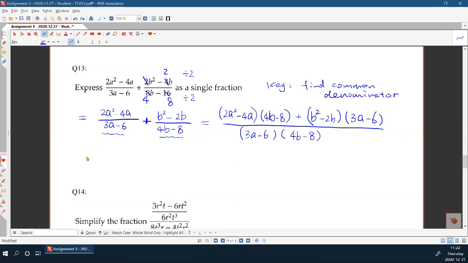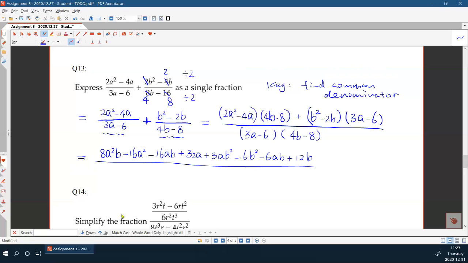Next, we can expand the numerator to this. All you need to do is to be careful and be patient, because this is a long expression.